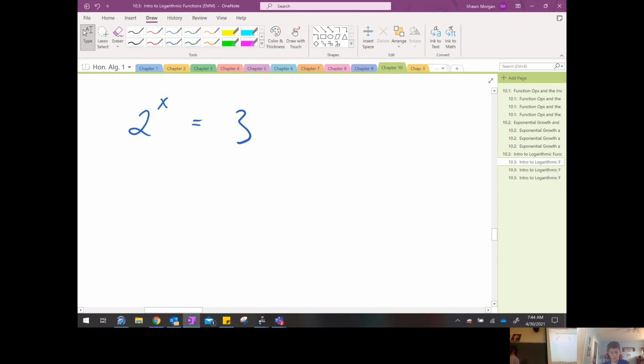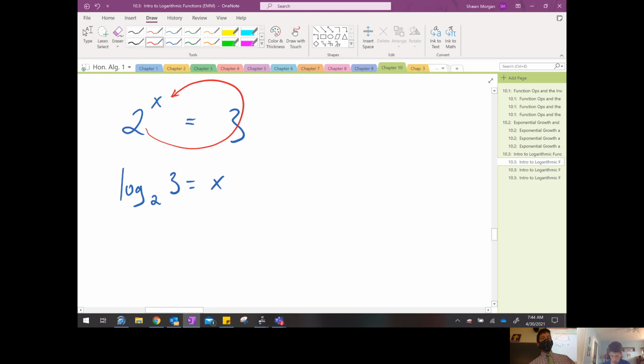Okay? So I've taught you the can you see it approach to this problem, whereby you would tell me log base 2 of 3 equals x, right? Because we start with the base, we swoop around, log base 2 of 3 equals x.